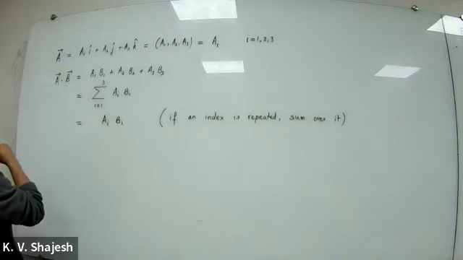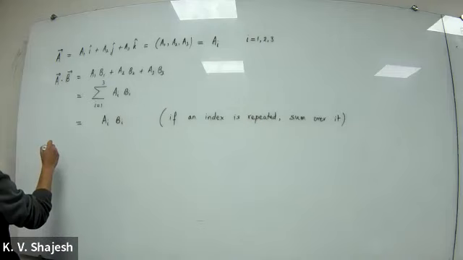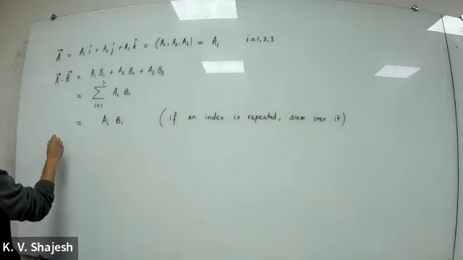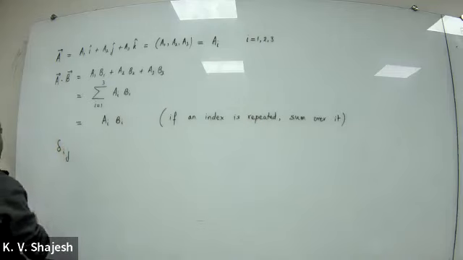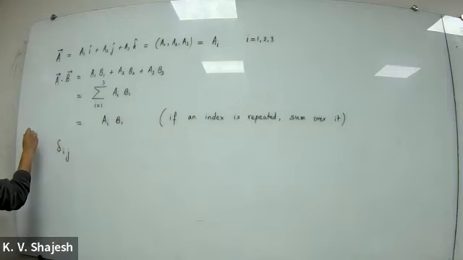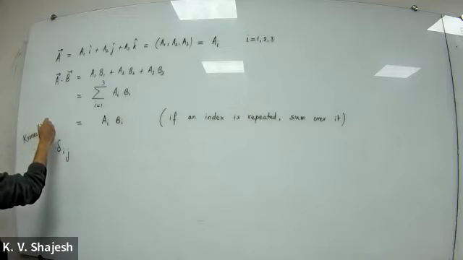So that's the dot product. We also want to introduce a certain quantity, which is a tensor. Let's say you have a symbol delta ij. This is going to be called the Kronecker delta.